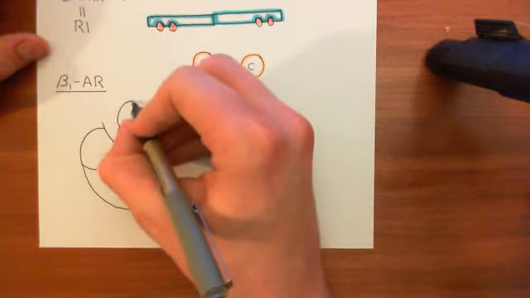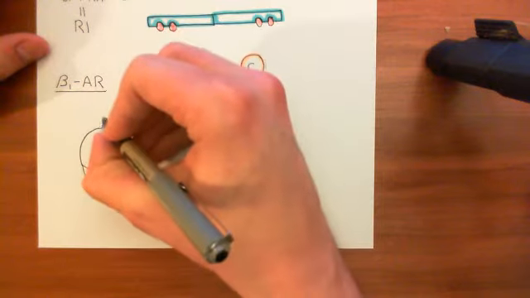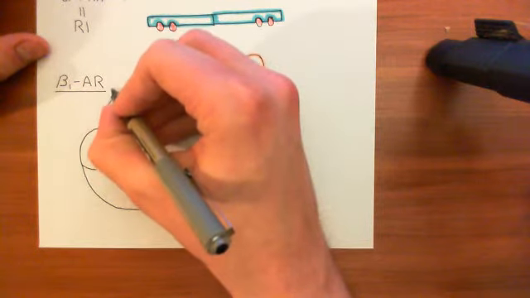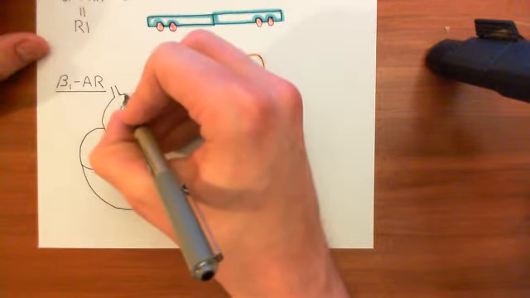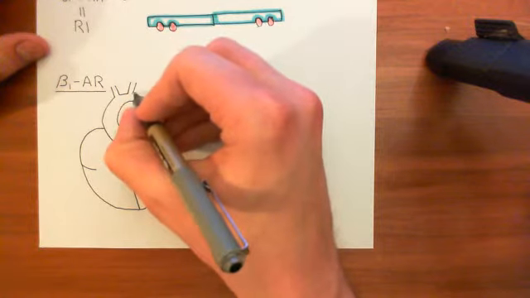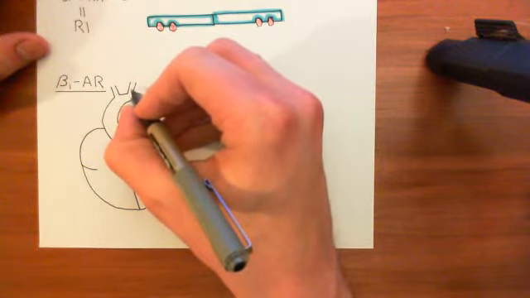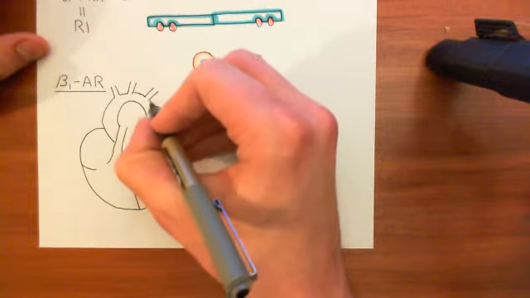So I'll have the aorta circling round like so, and of course it will give off its main three branches: the brachiocephalic artery, then the left common carotid artery, and then the left subclavian artery.